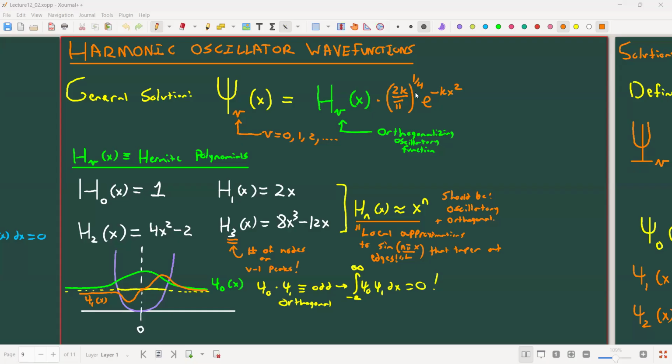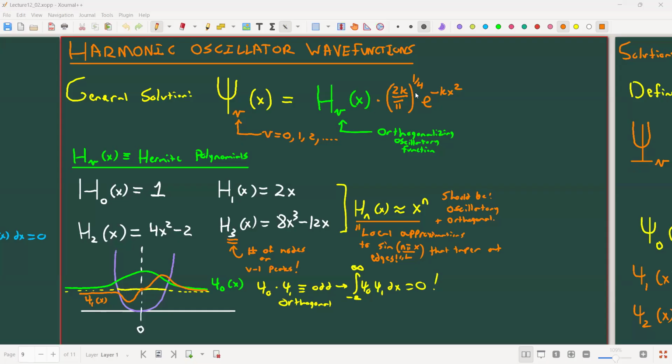So we had to introduce an orthogonalizing function, multiply our guess by a new function, just this H function here, the Hermite polynomial. And what we saw is that it introduces a polynomial. Could be an x or an x squared, x cubed, just depends on the energy level. And that gives us some oscillatory behavior within the potential.